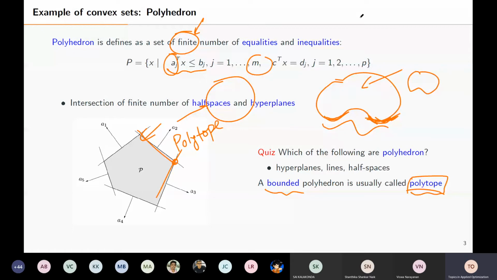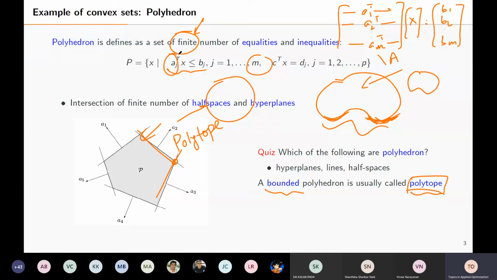So A1 transpose, and then A2 transpose as another row, and so on, let us say AM transpose. So I can write all this in one shot, and they all multiply with X, and the B's are like B1, B2, and BM. So this is the matrix A. All these M inequalities can be written compactly as A times X is less than or equal to the B vector.